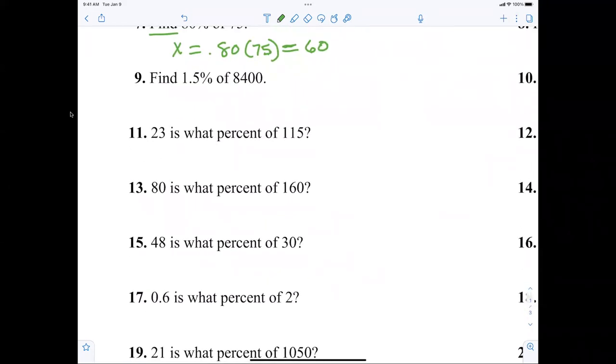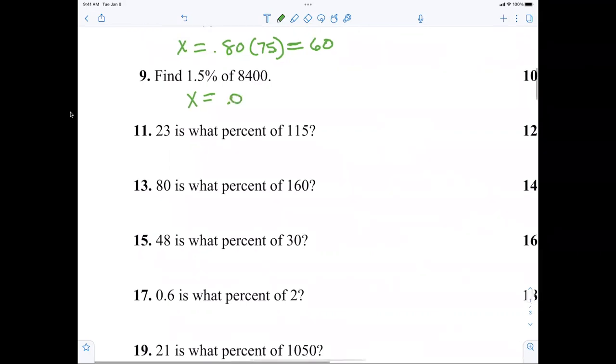Mr. Walsh, tell me about number 9. X equals 1.5, nope. 0.15, times 8,400. Right, which is what? 1,260.